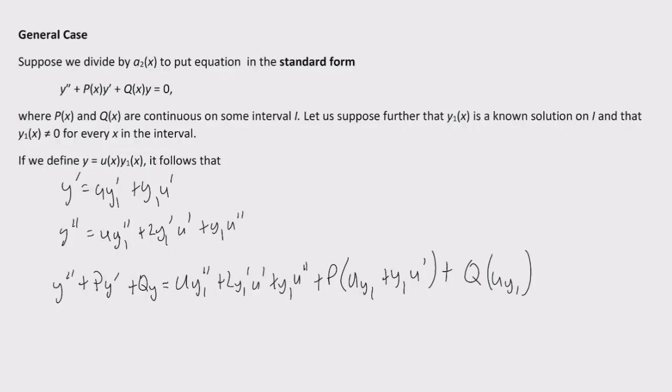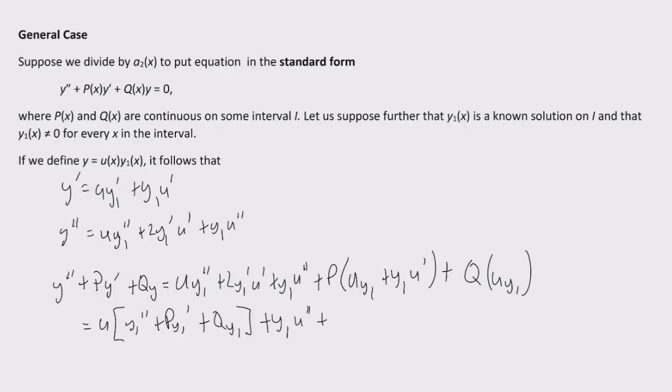If we combine like terms, we should end up with something like this. We can group the u terms and factor out the u, so we have y1 double prime plus p y1 single prime plus q y1, plus y1 u double prime.